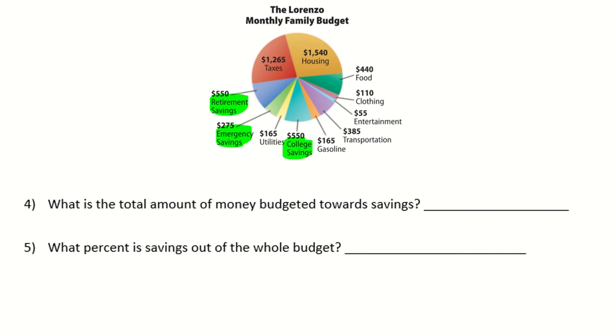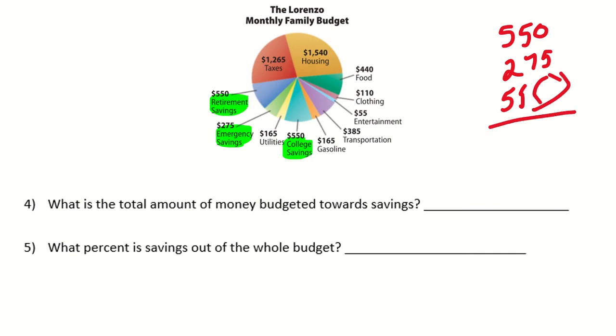To get the total, all we're doing is adding them: the 550 in retirement, 275 in emergency, and another 550 in college savings. 550 plus 275 plus 550 again is 1375.